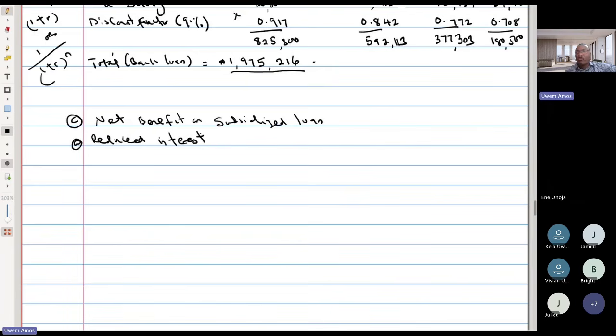Let's say, for example, that the bank loan is 10%, but it's able to get a subsidized loan at 7%. So it's paying a lower interest of 7% as against 10%, a difference of 3%.